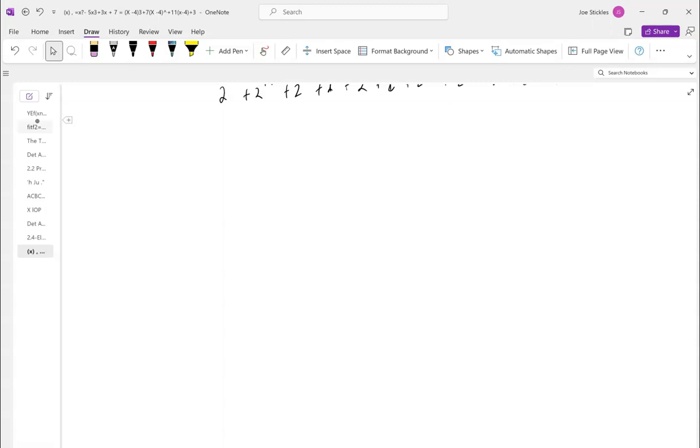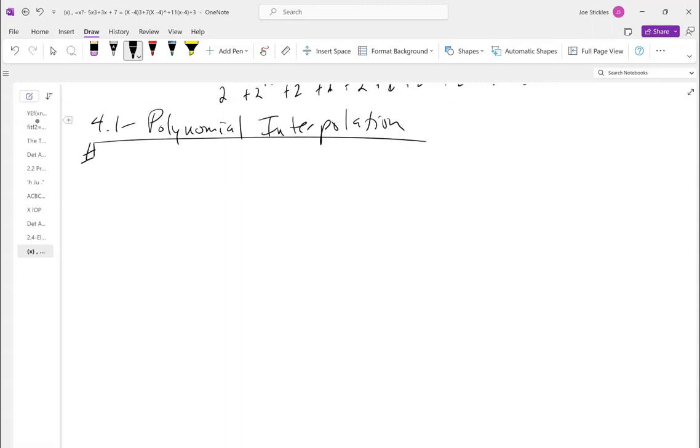Okay. This is section 4.1. All right, so number 1 in the exercises gives you a set of points.